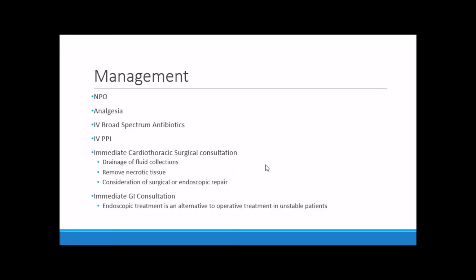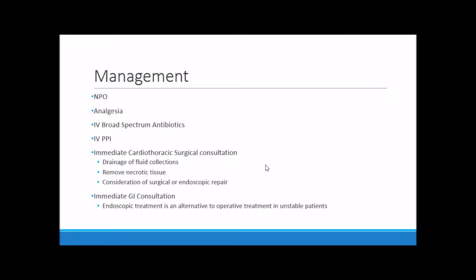So what do you do with these people? NPO, analgesia, lots of IV broad-spectrum antibiotics. You want to PPI them, and you need some help. Okay, so you want a CT surgeon, because that CT surgeon will very likely need to intervene if they have bacterial mediastinitis, even potentially with chemical.